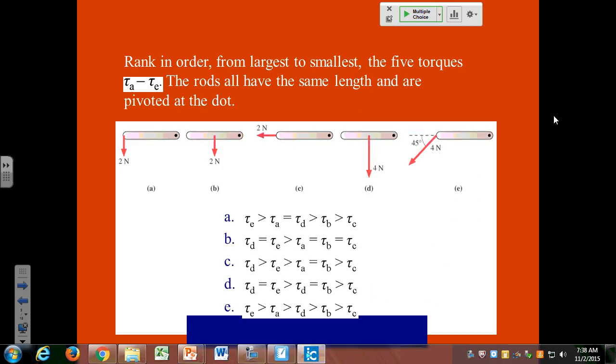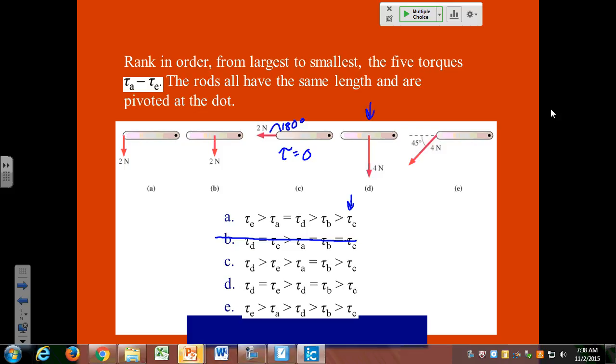You can get rid of some options here. First of all, we know that one of these provides 0 torque. That's option C. The torque here is 0 because this angle is 180 degrees and the sine of 180 is 0. So C is the smallest. Now notice they all have C as the smallest, but we can get rid of B because it says the torque of bar B is equal to the torque on bar C. Then we can pick out which one is the biggest.